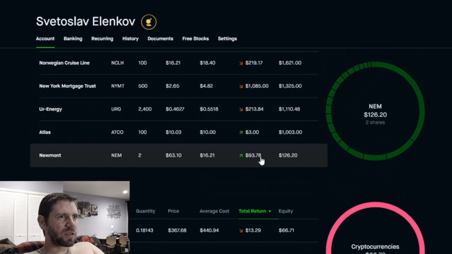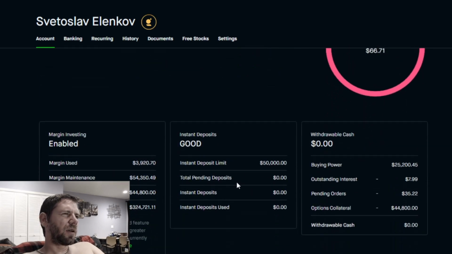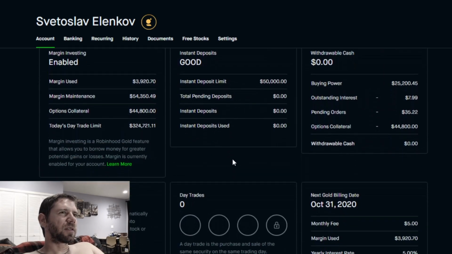As you go through the positions and keep scrolling all the way down, you'll see this little menu here. I'll go through everything that's here so you can understand. Margin used just means how much money I've borrowed, basically how much I've racked up on the credit card.